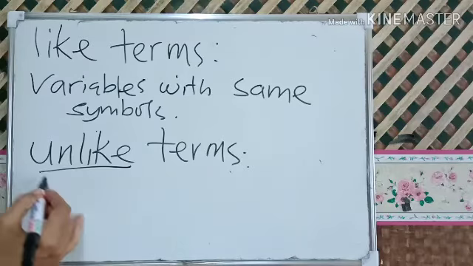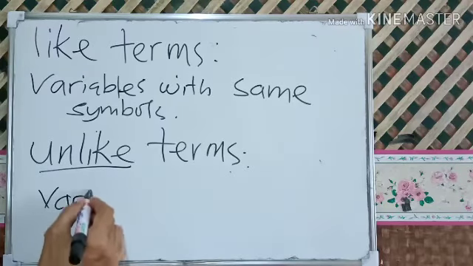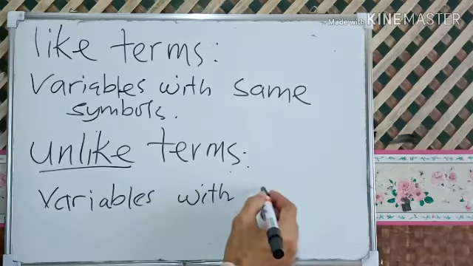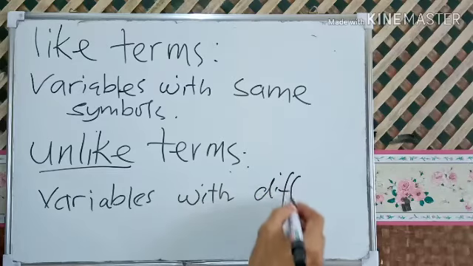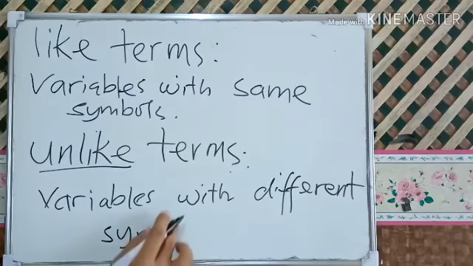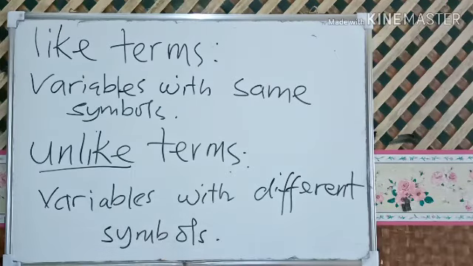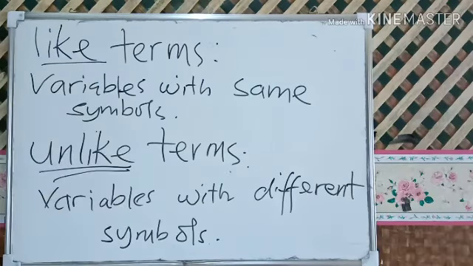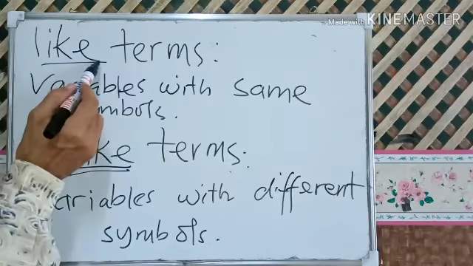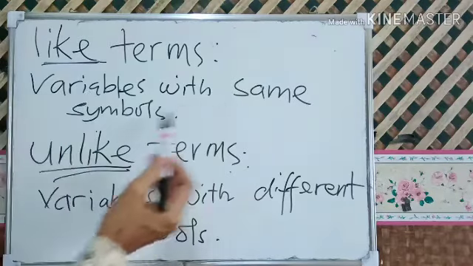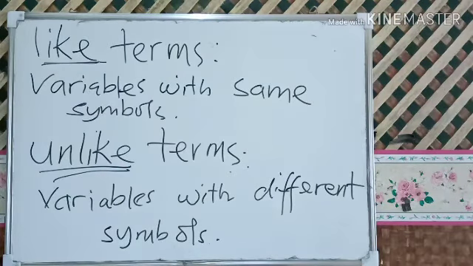And an unlike term is a variable with a different symbol. Like term and unlike term, we can recognize like and unlike when we see the variable has the same symbol or a different symbol.